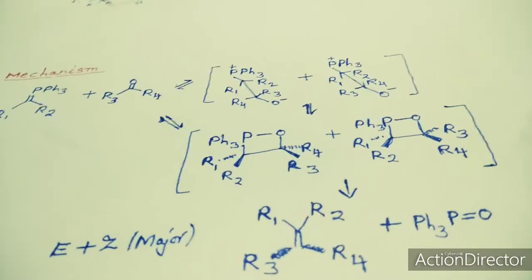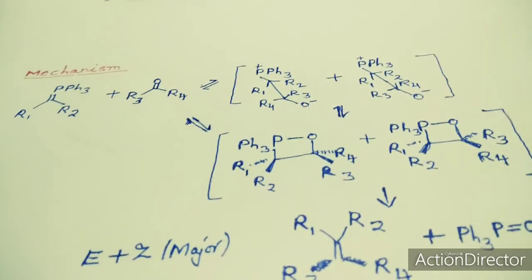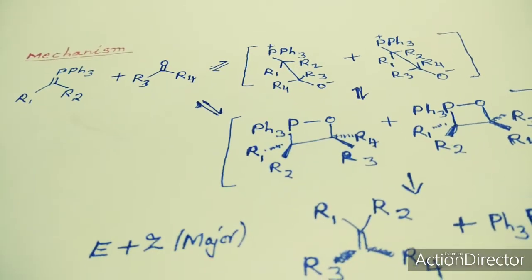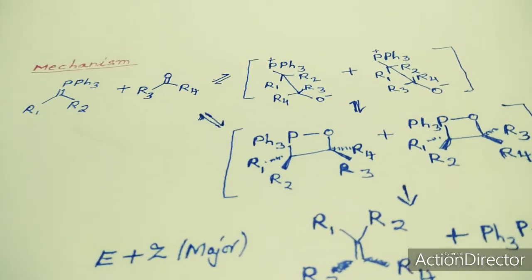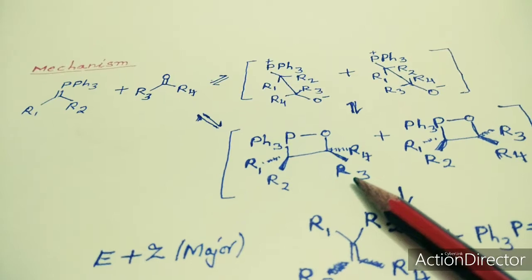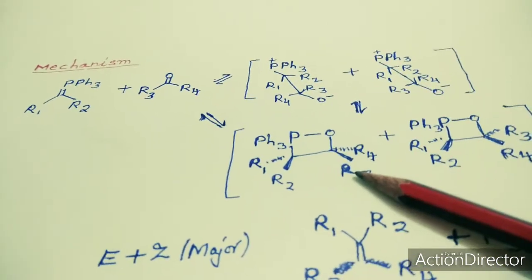Now this alkene that is formed, as is shown in the structures above, can be with R2 and R4 on opposite sides, or we can say R2 and R3 on the same side in one, depending on which structure the oxyphosphatane is formed from.